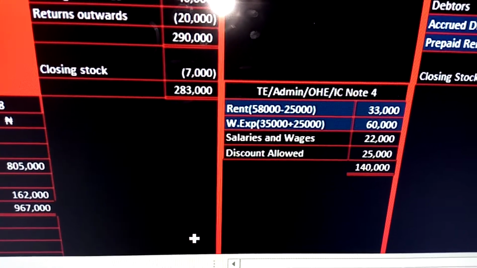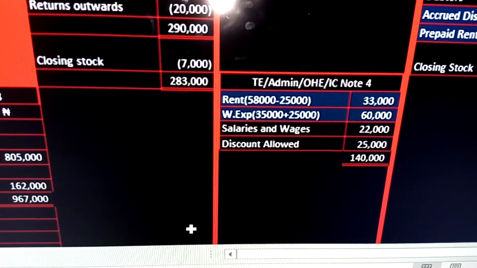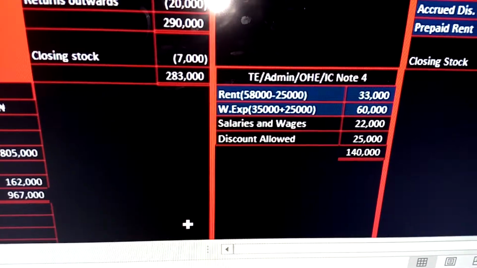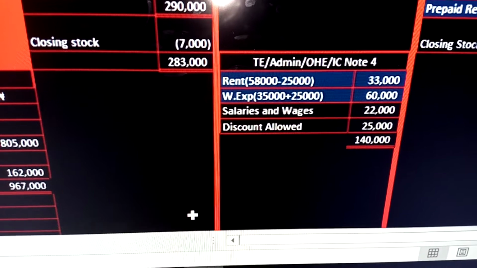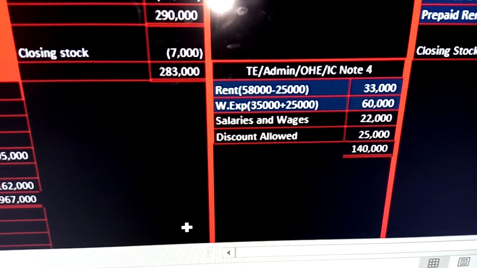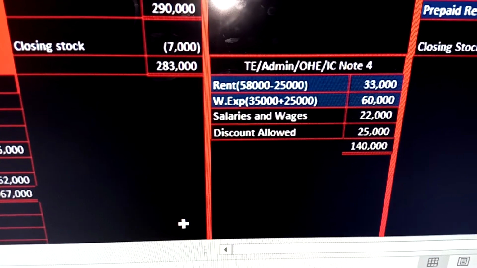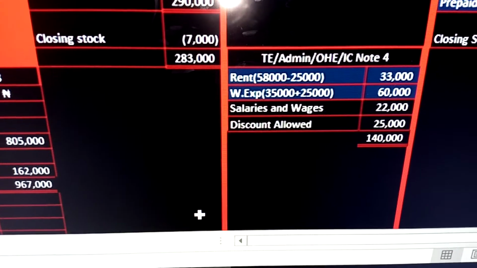But remember, you can have as much expense as possible in the question, but you have to be able to identify which one fits into your total expense, or your total administrative expense, or your overhead expense or indirect cost, depending on the question. Based on this question, we have 4 items: rent, warehouse expense, salaries and wages, and discount allowed. So you have to check, is there any additional information on these line items?